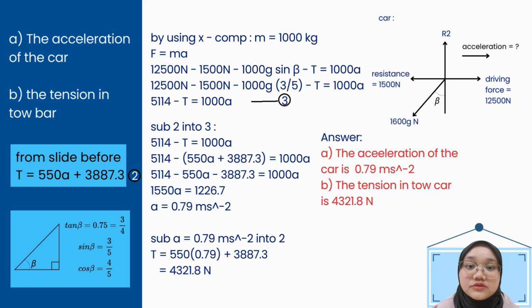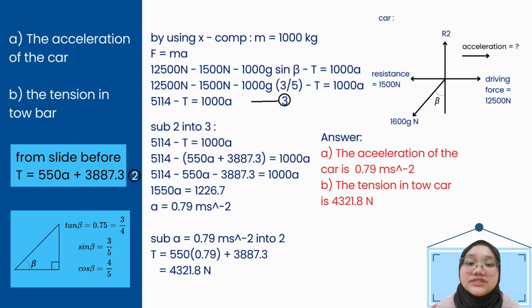And then the next step is we create a free body diagram for the car, and using the x component, m equals 1000 kg, and we use the formula F equals ma, then 12,500 Newton minus 1,500 Newton minus 1,000 g sine beta minus T equals 1,000A. And then we can form the third equation from this: 5,114 minus T equals 1,000A.